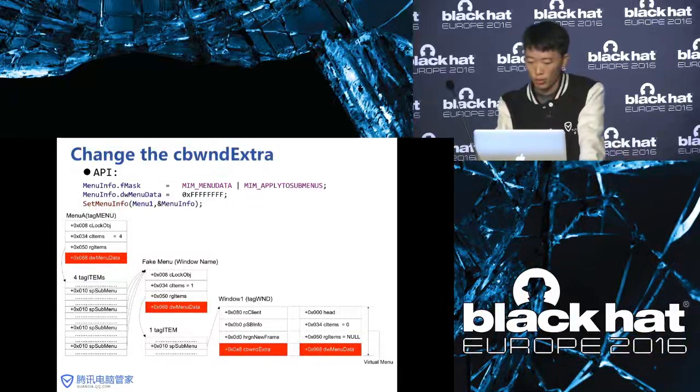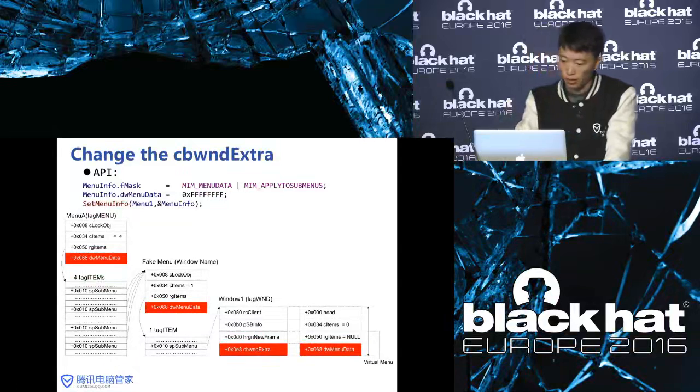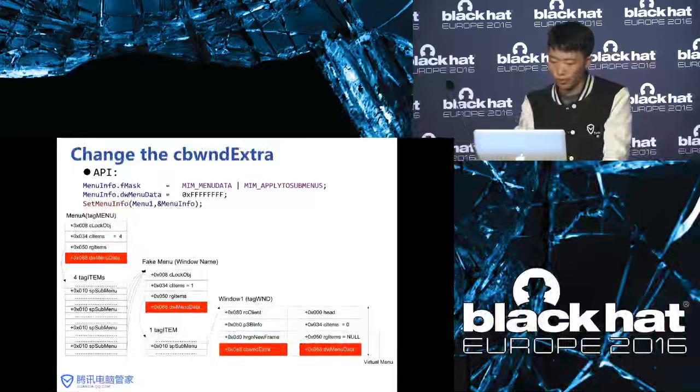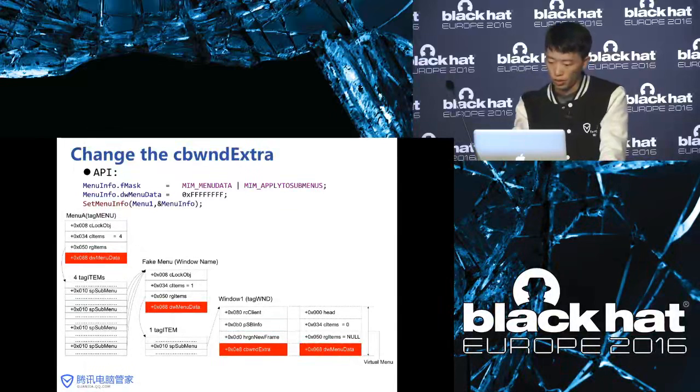We built a chain before. Menu A's submenu used to be menu B. Now it becomes a fake menu which is controlled by us. The fake menu's submenu is a virtual menu which points to a tagWND structure in the middle. When we specify those 2 masks, we will finally set the virtual menu's dwMenuData.